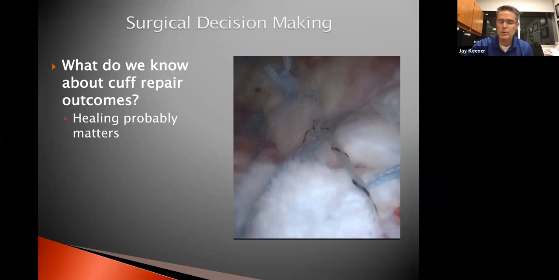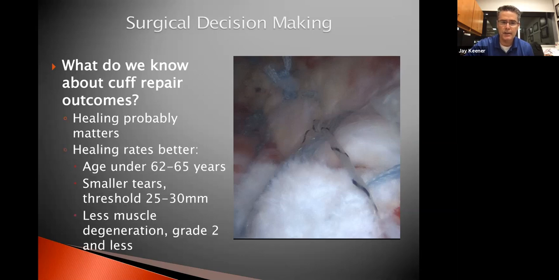Bill's studies demonstrated, and we also demonstrated, that younger patients and patients with a higher demand job have a much worse outcome with a failed cuff repair. So probably in younger active patients, healing does matter. These are the 3 factors that affect healing the most. Age: under 62 to 65, healing is better. Beyond 65, healing is worse, probably 10 to 15 percentage points worse.